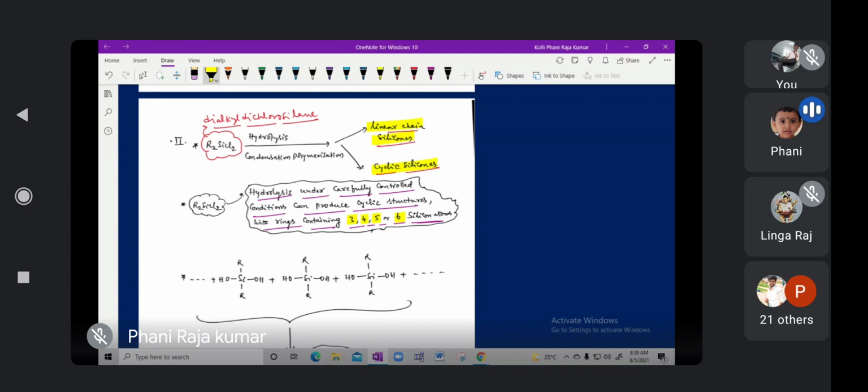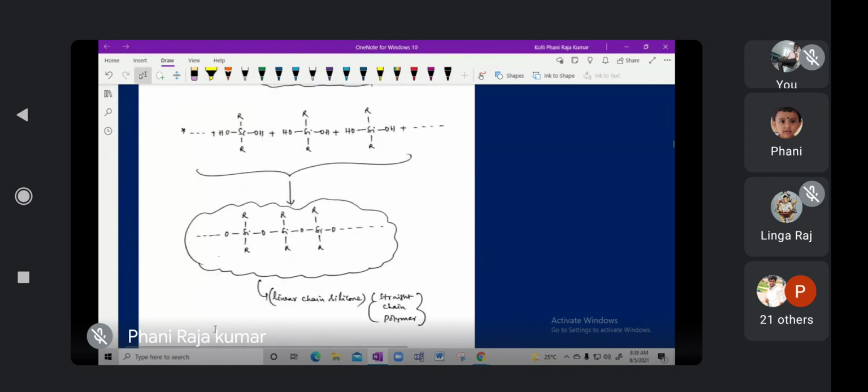These are obtained by carefully controlled conditions. See here, this is one silanol, another silanol, another silanol. Because R2SiCl2 gives R2Si(OH)2, taken twice, which undergoes polymerization.